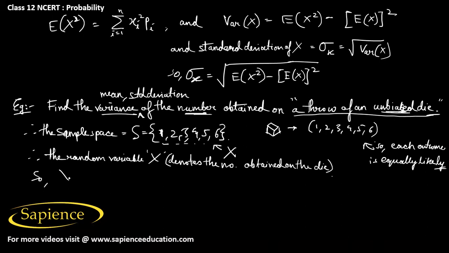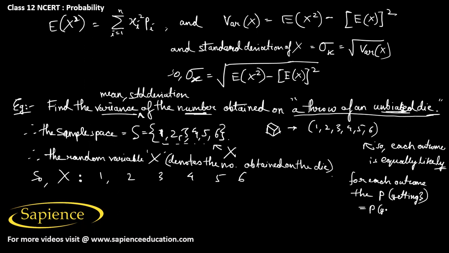So x can take values 1, 2, 3, 4, 5, and 6. And for each outcome, we know that the probability of getting 3 should be the same as the probability of getting 1, and so on. Each would be equal to 1 by 6.